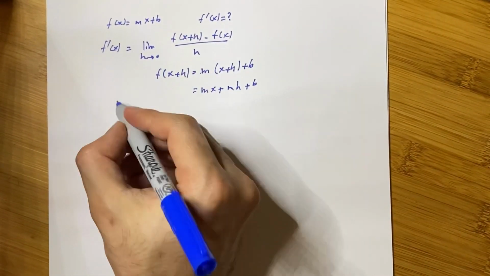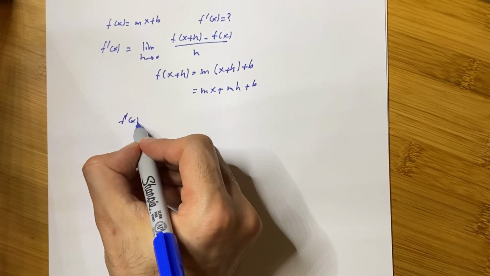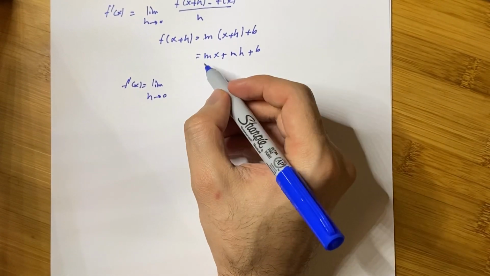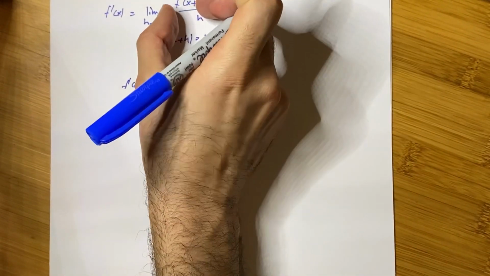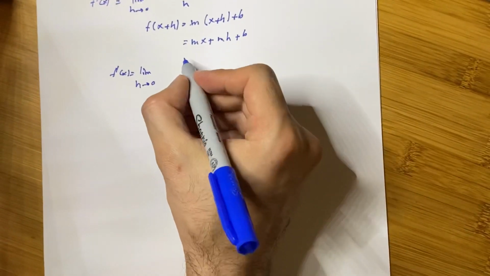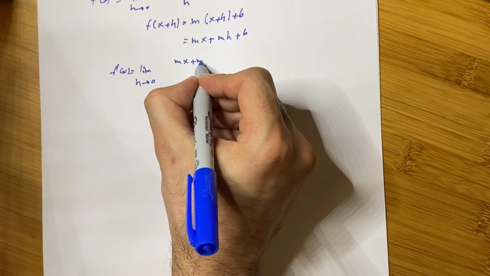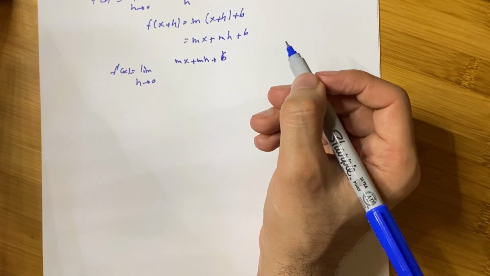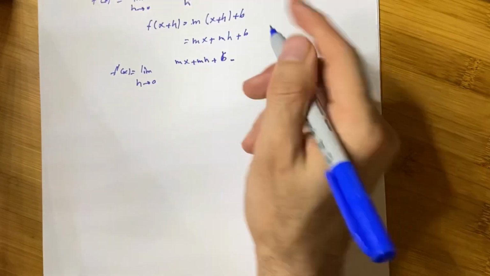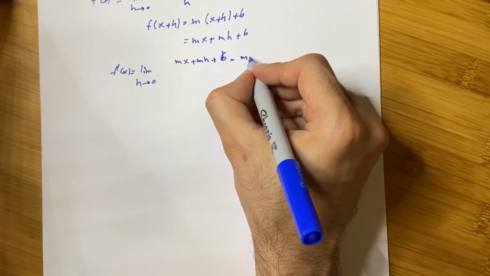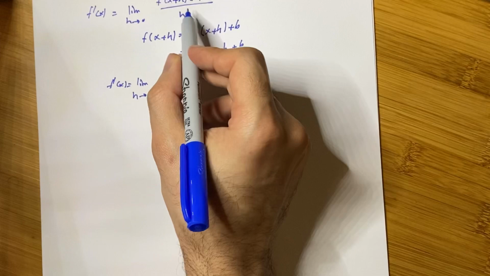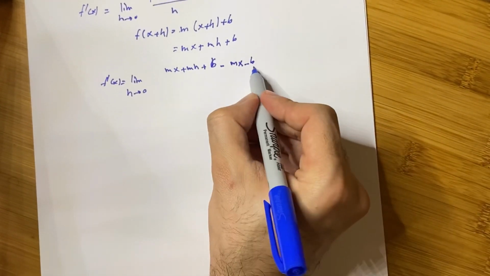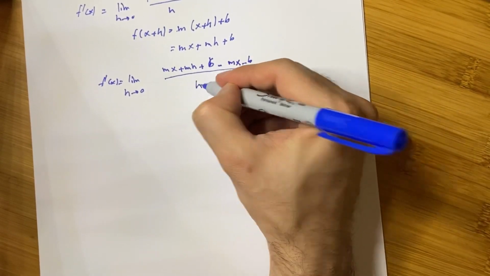Now we go back here. So f prime of x will be the limit as h goes to 0. And then we can substitute this term by this. So that will be mx plus mh plus b, and then minus this. It will expand, so that will be negative, since we have a negative here. So that will be minus mx minus b, and then over h.